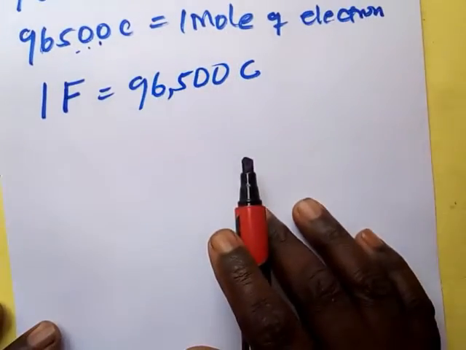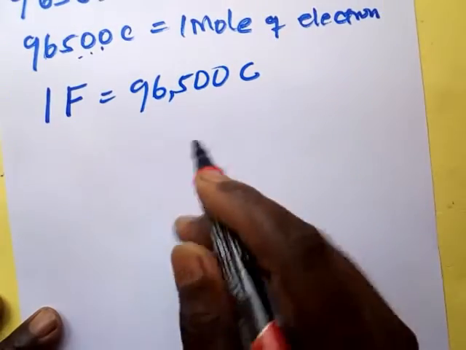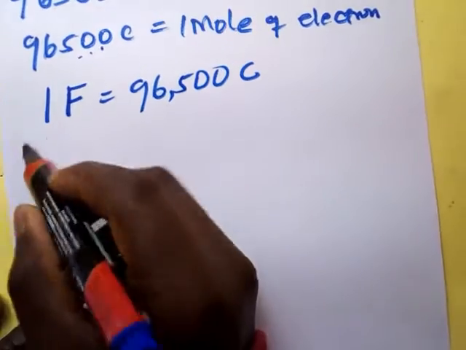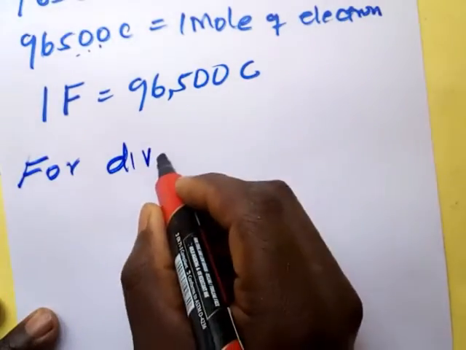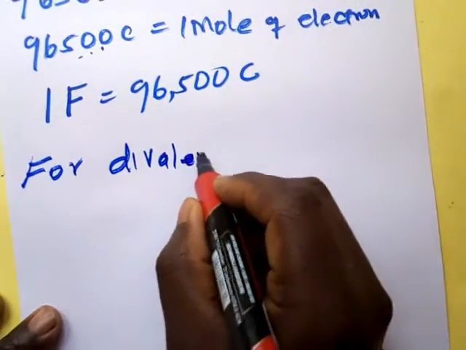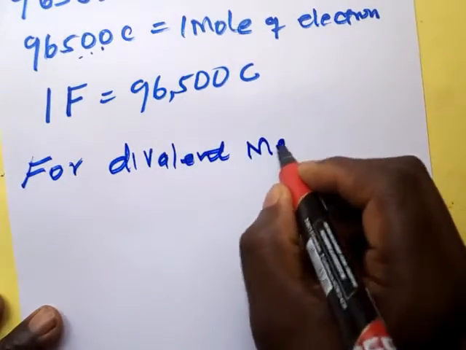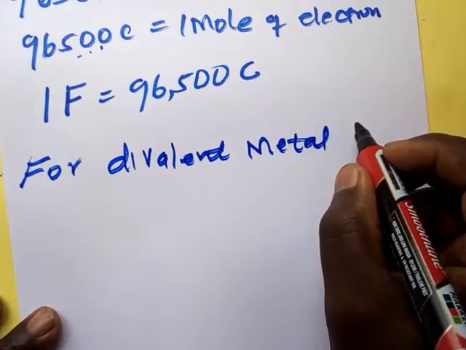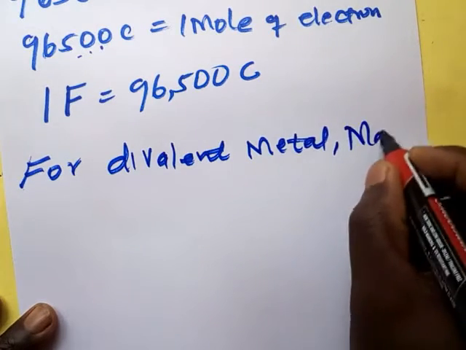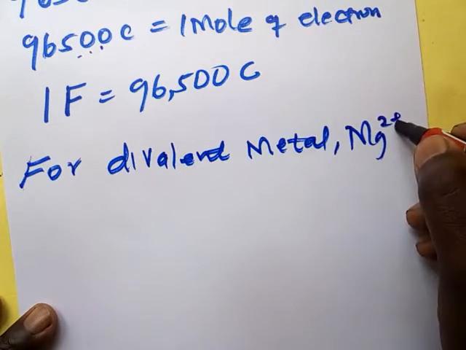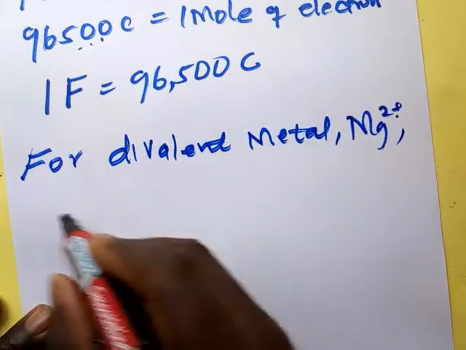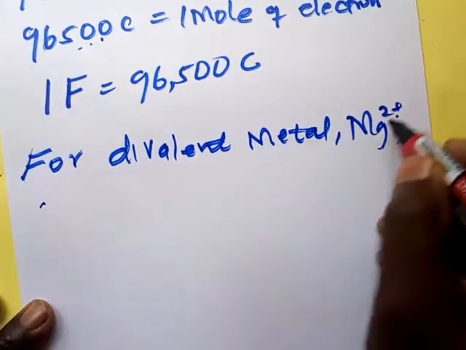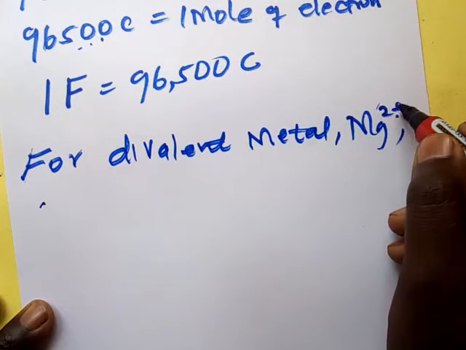I hope you have understood that. We will look at an example. For divalent metals like magnesium, which has a positive charge of 2, or copper, the charge is positive 2.